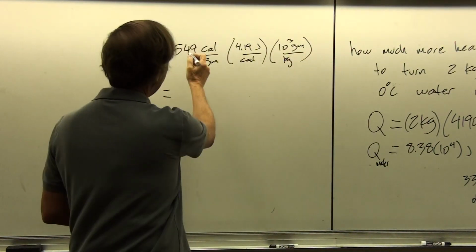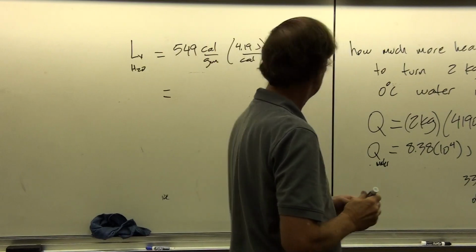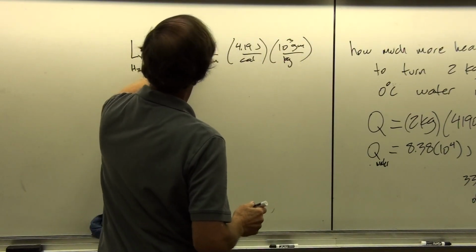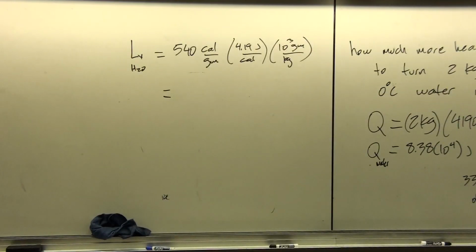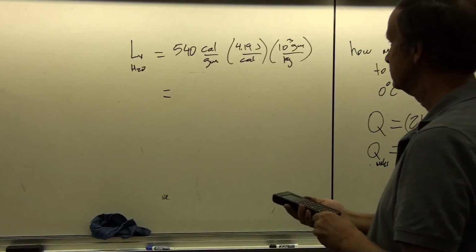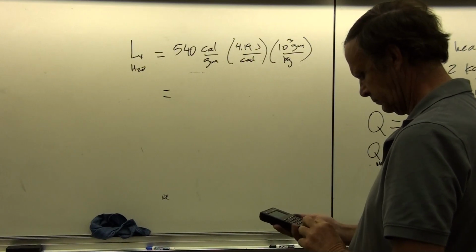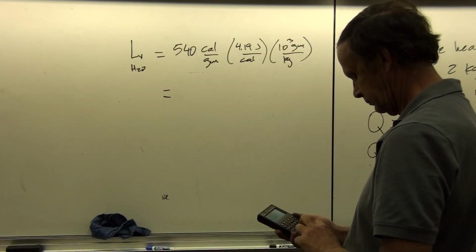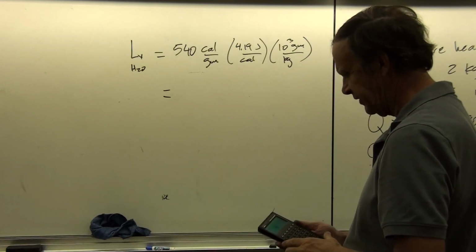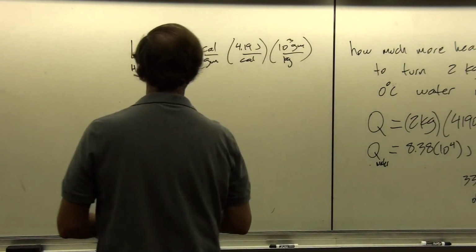So that's 4190 times 540. Sorry, I said 549 earlier; this is 540. That gives 2.26 times 10 to the 6.